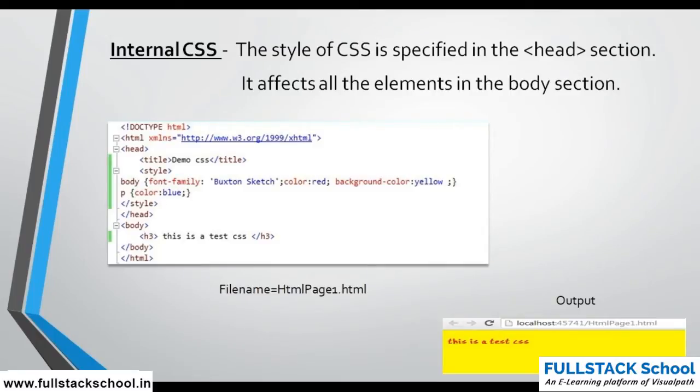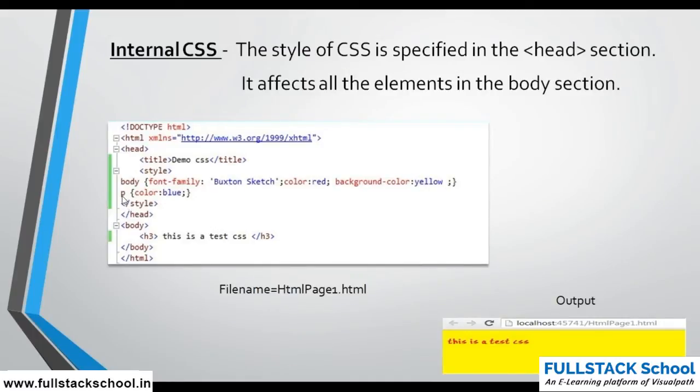Now we saw in the previous screen that we wrote the inline CSS inside the H3 tag. Over here, on this program, the CSS has been written inside the head tag with the help of style: the body, the font family, the color and the background color.